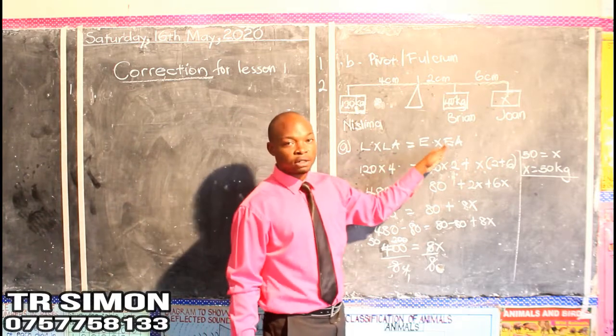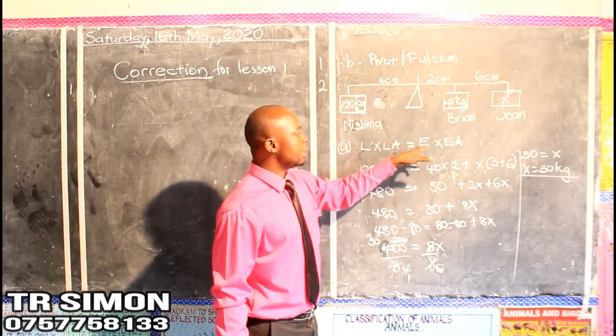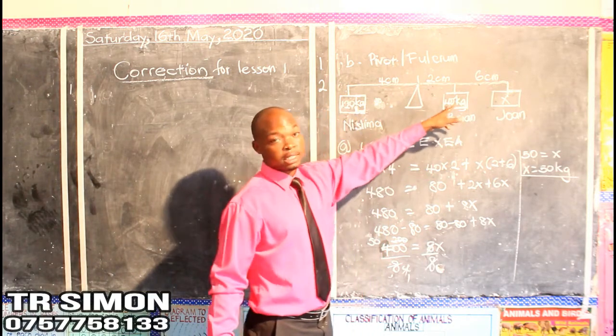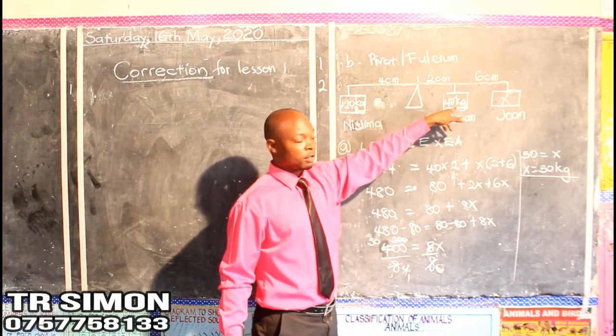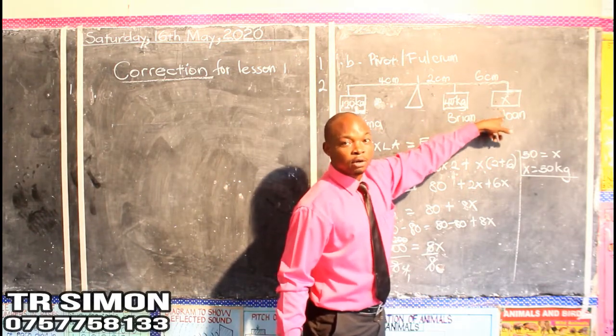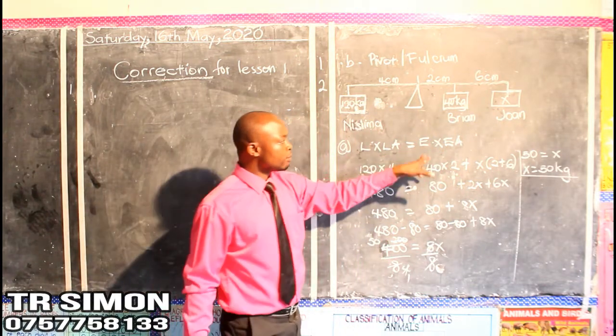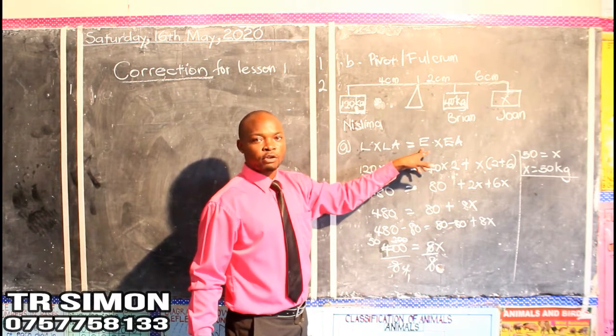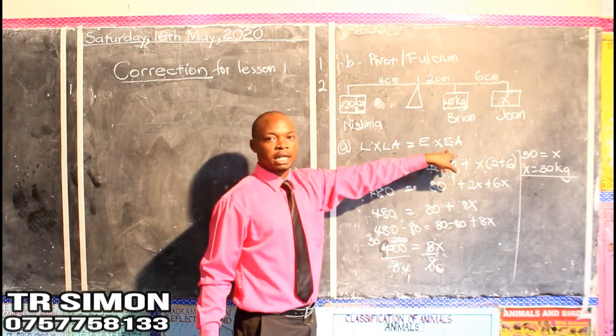On the other side of effort, we're going to see effort where there is X and where there is 40 kilograms for Brian. But our interest here, I want to find the weight for Joan. So we're saying effort, which is the force, times effort, which is the arm.